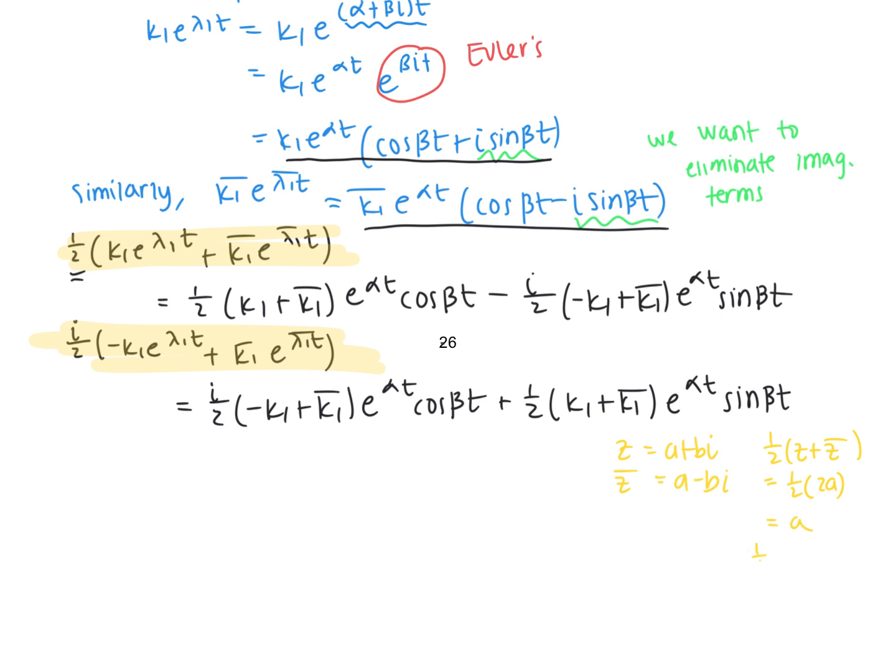And if I do i over 2 times negative z add its conjugate, like we did here, I'm going to get i over 2 times negative 2bi, which, simplifying, gives us just b. So really, going back to what we have highlighted, this is just another way of expressing a. This is just another way of expressing b.